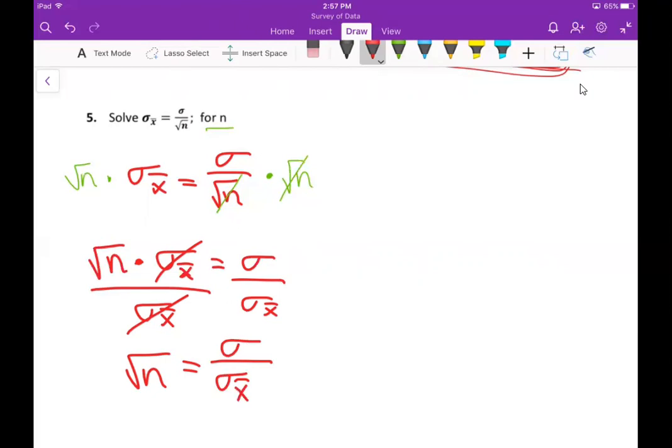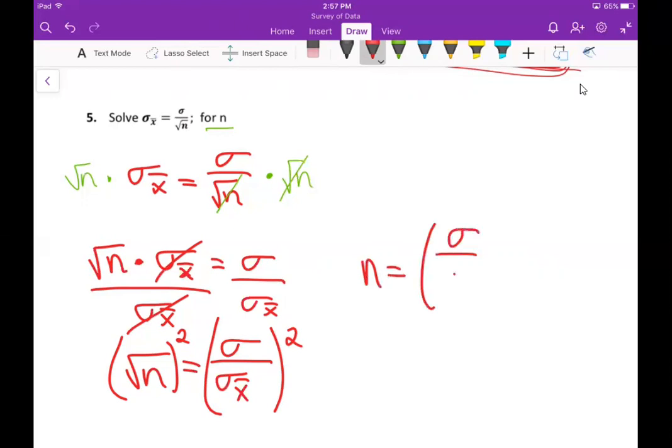The last thing you need to do is remember how to undo a square root to get n by itself. You will square something in order to undo a square root. That will leave n alone, and we will have just exactly what we see here. Sigma divided by sigma x bar, that all needs to be squared.